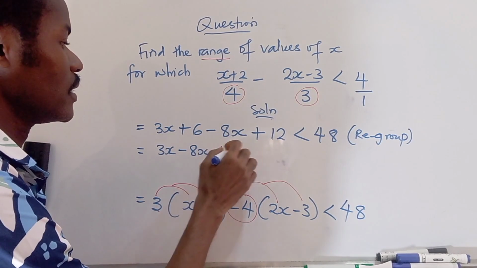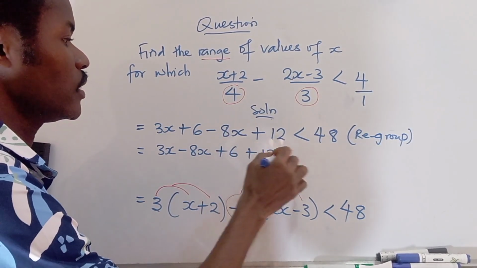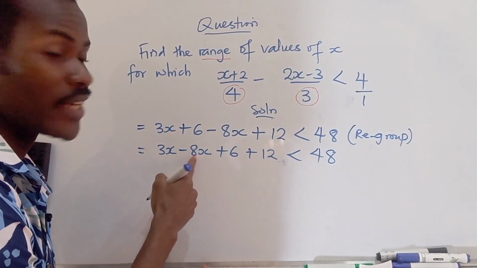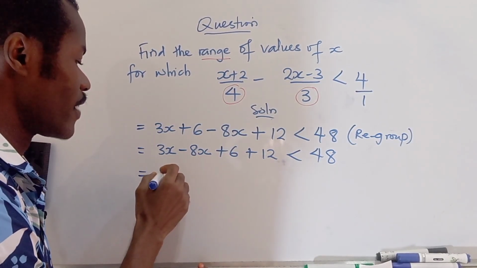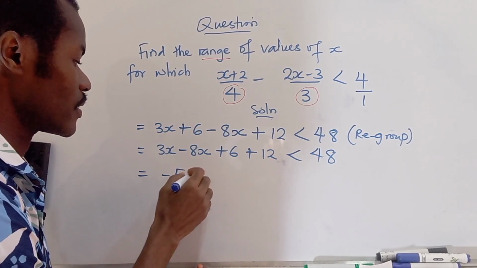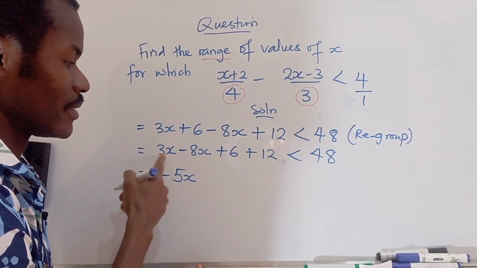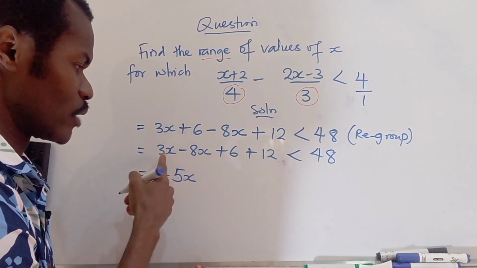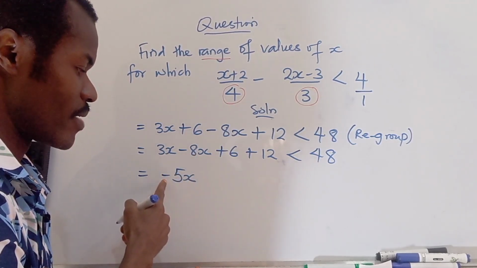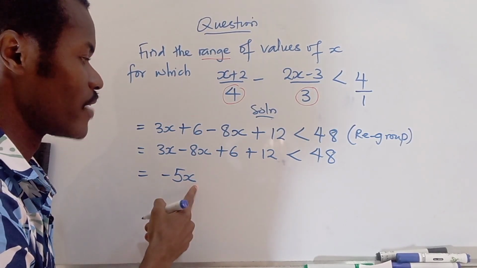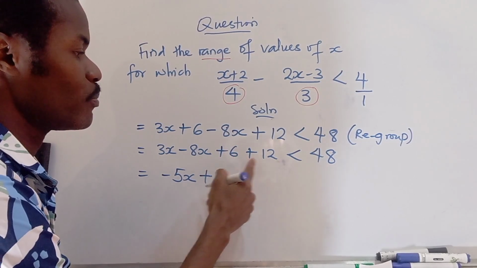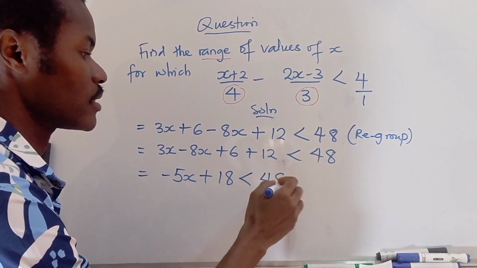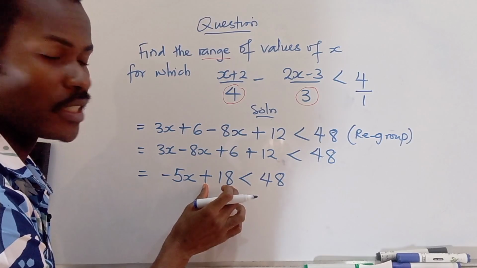So we have plus 6 and plus 12 is less than 48. 3x minus 8x is going to give us minus 5x, since 3x is smaller than 8x. We are using a smaller number to subtract a bigger number, so our answer is going to be minus. So we have minus 5x. Now 6 plus 12 is going to give us 18, which is less than 48.